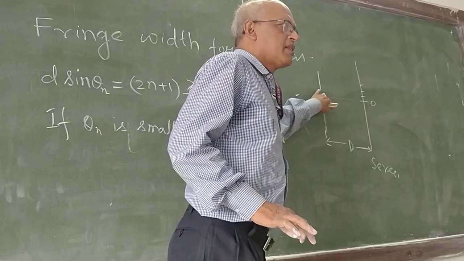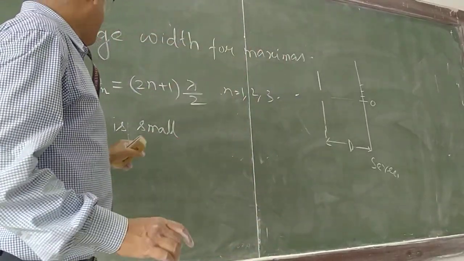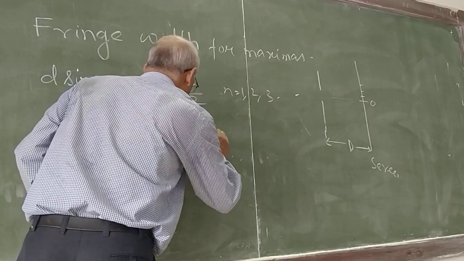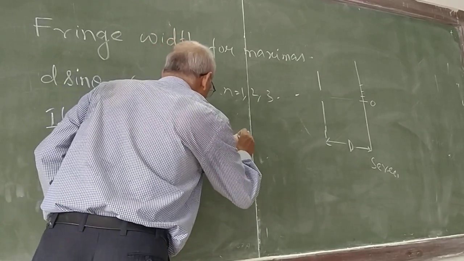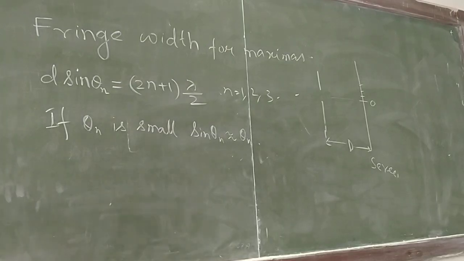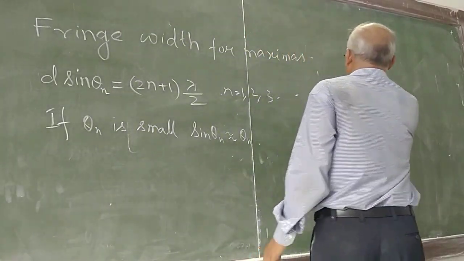Okay, not generally. It is very large. So theta n and sin theta n. Theta n. Right? So sin theta is equal to theta. Then what will we get?